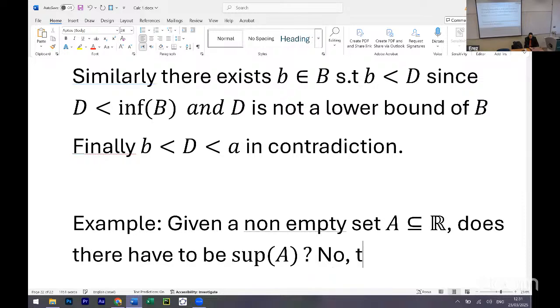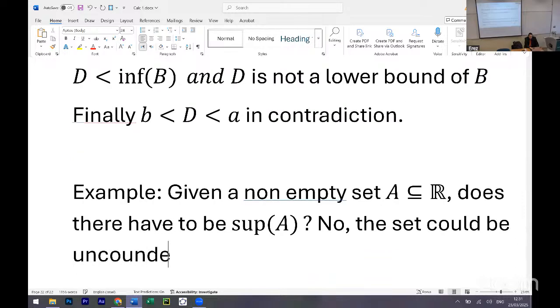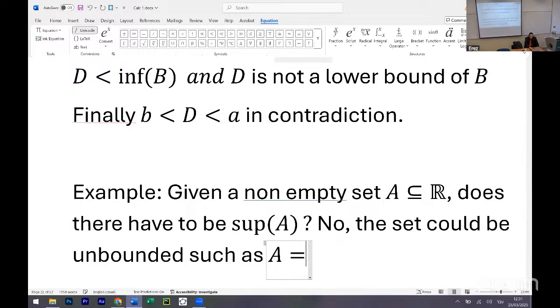No, the set could be unbounded, such as A equals, and I'll go with your example, the natural numbers.